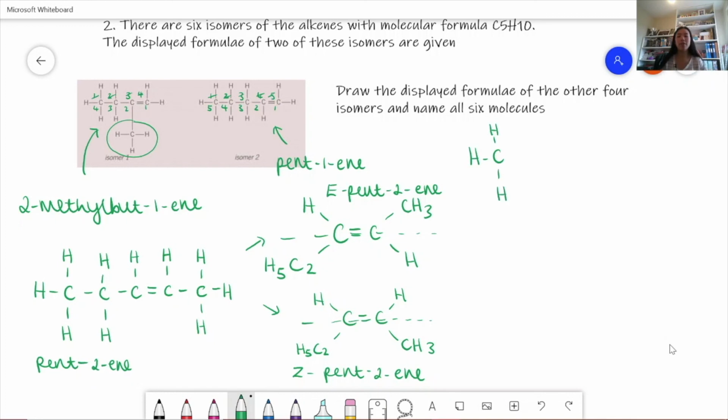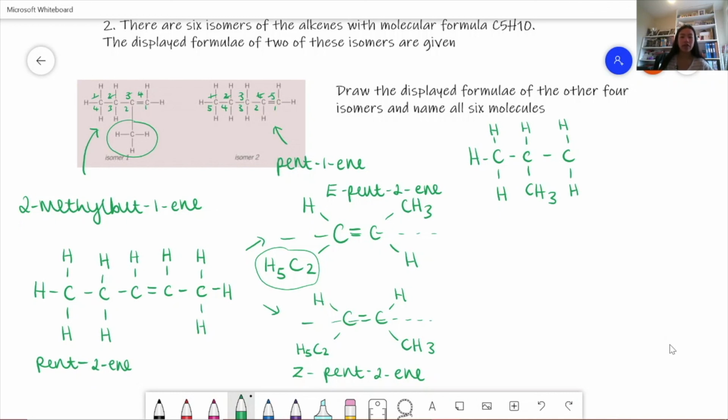And because the question says write the displayed formulae, you should probably write out all the bonds, instead of writing, for example, C2H5. But I'm just doing this to be quicker. So we have CH3 and then CH, and then I'm going to put a methyl group here. And then we're going to have a carbon, and this is going to have two hydrogens now.